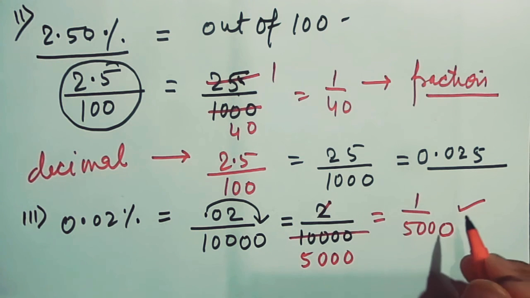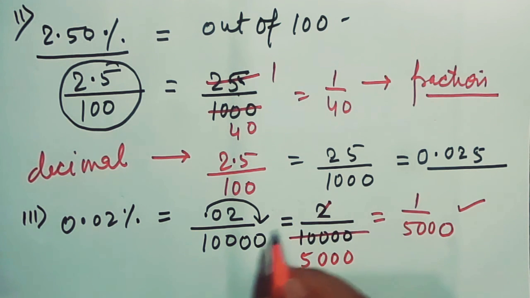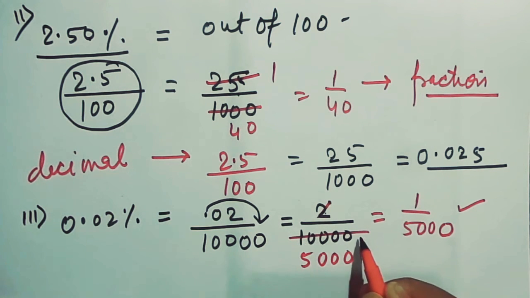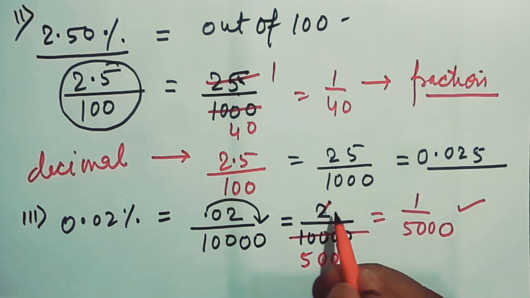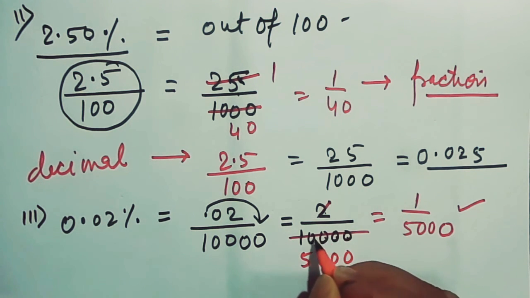Now if you were asked to change into decimal form, so naturally 2 by 10,000 will be equal to how much? The decimal will move to how many places? 1 2 3 4.